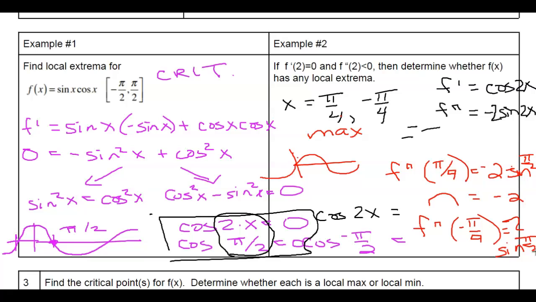So pi over 2 is 1, negative pi over 2 is negative 1. So negative 1 times negative 2 is positive. So now I know my curve is concave up, and so that means we have a min. Okay? At these x values.